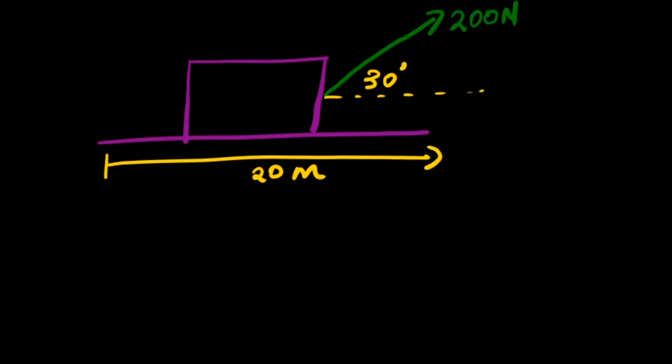Now let us look at this example. We want to calculate the work done by this particular force. Now the first thing that you need to do, we cannot use this force. Why? Because it's not parallel to the displacement, so we need to resolve it into a component which is parallel to the displacement, I mean.